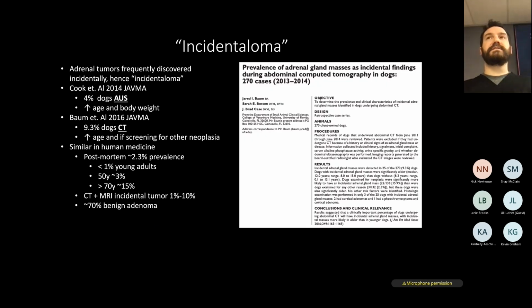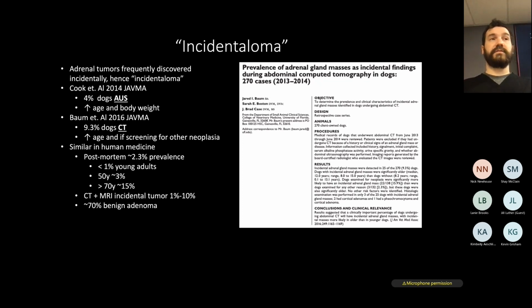We have this term incidentaloma that has come about because in both human medicine and in vet medicine, adrenal tumors are incidentally found. And so Cook et al. in 2014 published a retrospective study looking at dogs undergoing abdominal ultrasound for reasons not related to a suspected adrenal mass.